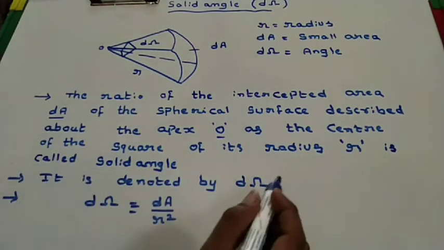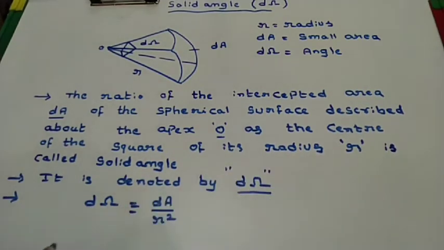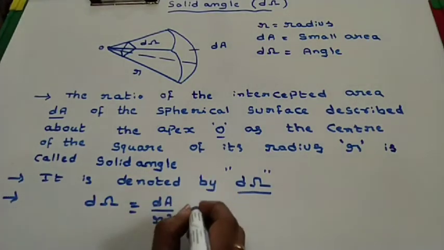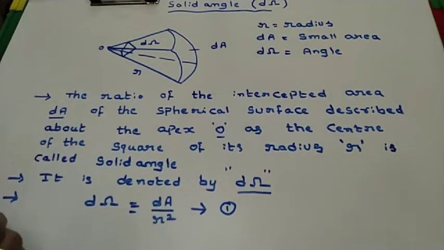It is denoted by d omega. Therefore, d omega is equal to dA by R square. Consider equation number 1.